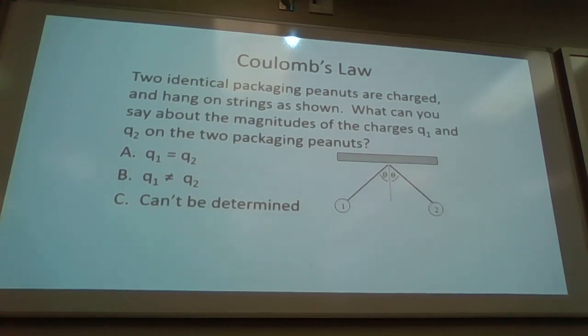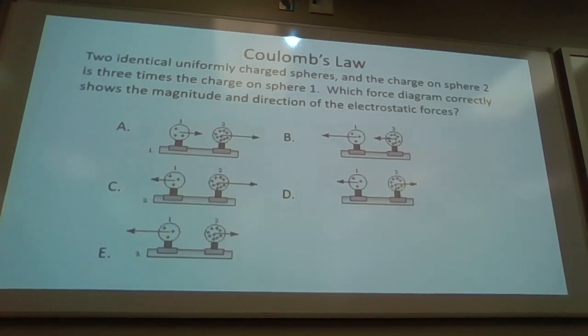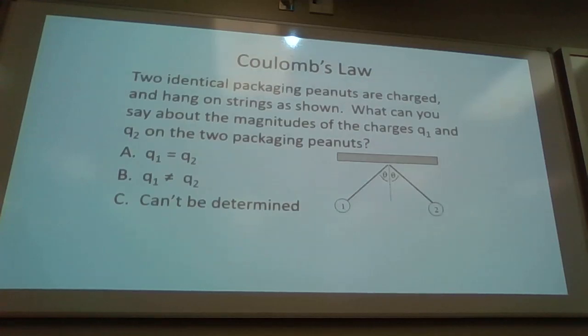Correct answer is C. Just like here, they experience the same force, but they have different charges. You don't know which one has a greater force. Sorry, greater charge. Good with that?